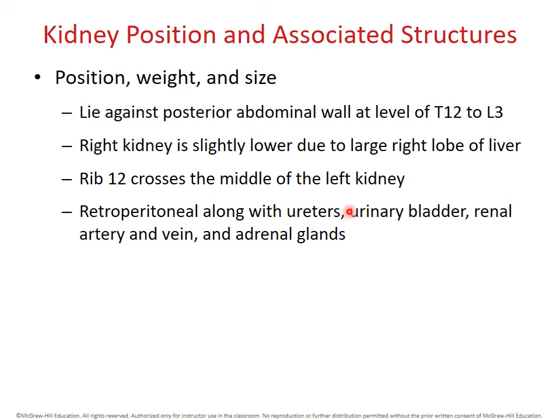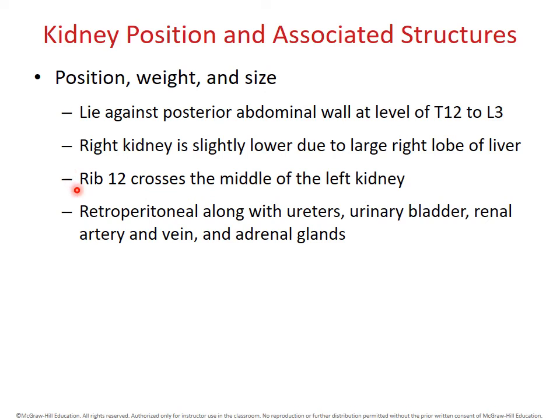So the ureters are behind the peritoneum, the bladder sits behind and beneath the peritoneum in the pelvic cavity. Even the blood vessels that supply it with blood are retroperitoneal, as are the adrenal glands that sit on top of the kidneys. They're a bit higher than most people think.